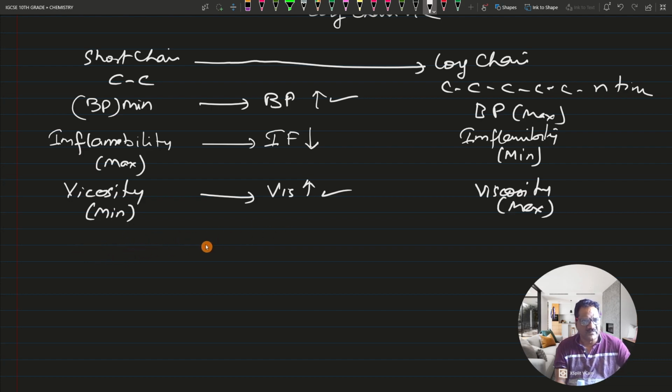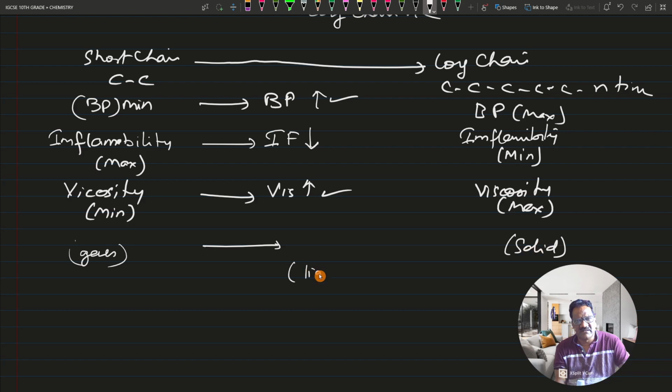As you go from left to right, here they will be in the gaseous form. As you come here, it will be in the solid form. And in the middle, you will get it in the liquid form also.